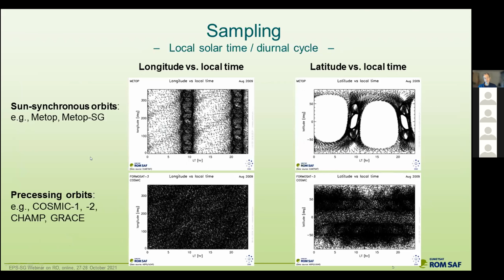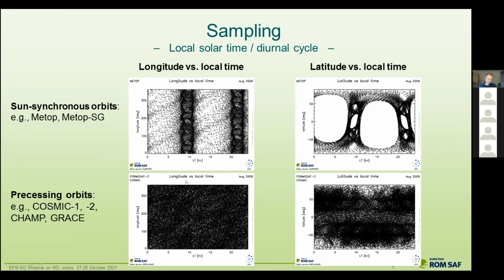So as I said, it's a sun-synchronous orbit. That's the normal for these operational weather satellites. They observe at one particular local time. They cross the equator at one particular local time. In the case of METOP and METOP-SG, that is 9:30 in the morning and 9:30 in the evening when they cross the equator, which means that only parts of the diurnal cycle are actually observed by these satellite systems.